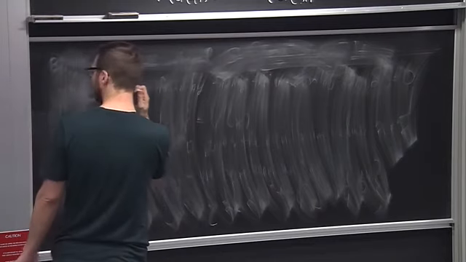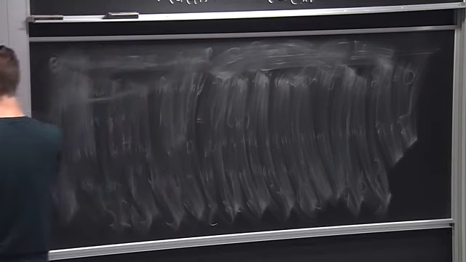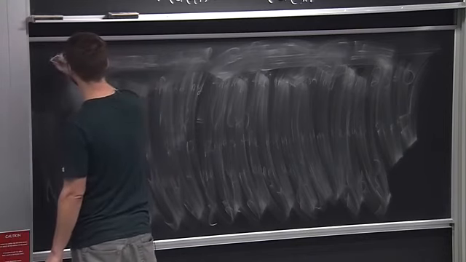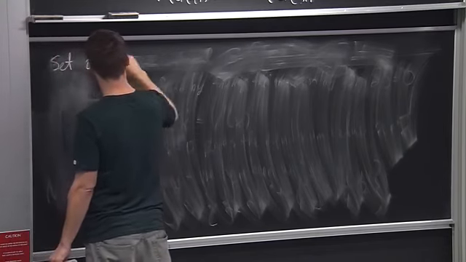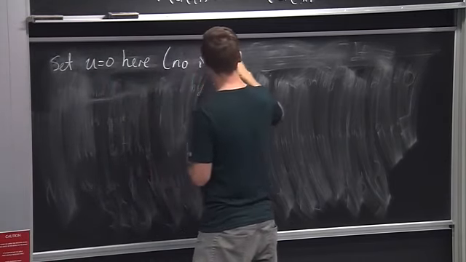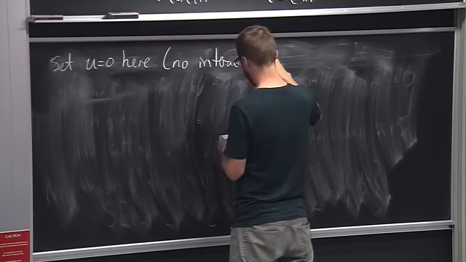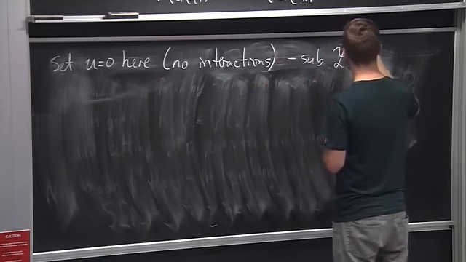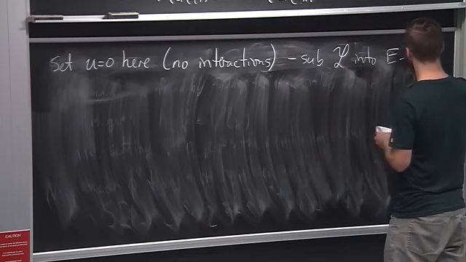And let me set u equal to 0. So now I'm just going to throw away all my interactions. Substitute L into the Euler-Lagrange equations.